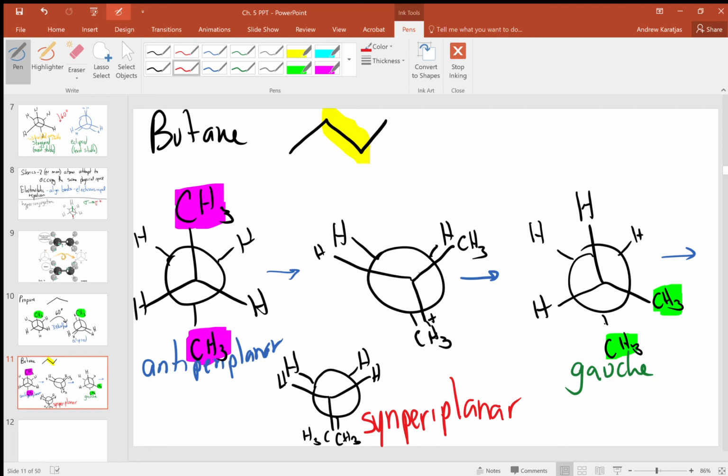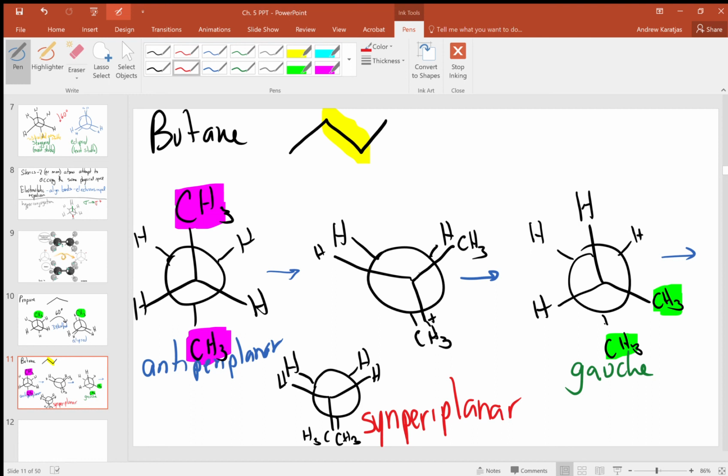So a couple things to remember here. First is just because one conformer is more stable than another doesn't mean that it's the only conformer that exists. All of these rotations are happening freely, but what it does have to do with is the relative percentages of the different conformers.